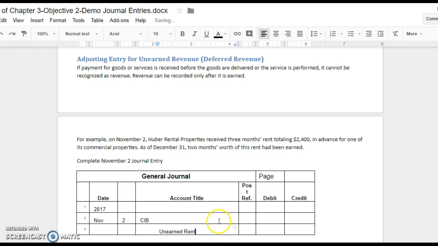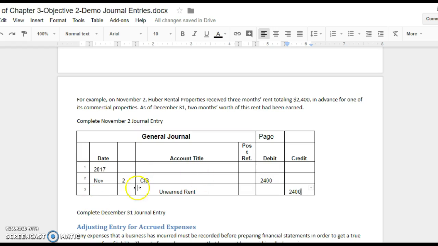So this is going to be unearned rent, which is a liability account. 2,400. Now we have to show that we gave them the building, they used the building for 2 months, so we've actually earned 2 months worth of that 3 months rent. So 1 month should still be a liability.